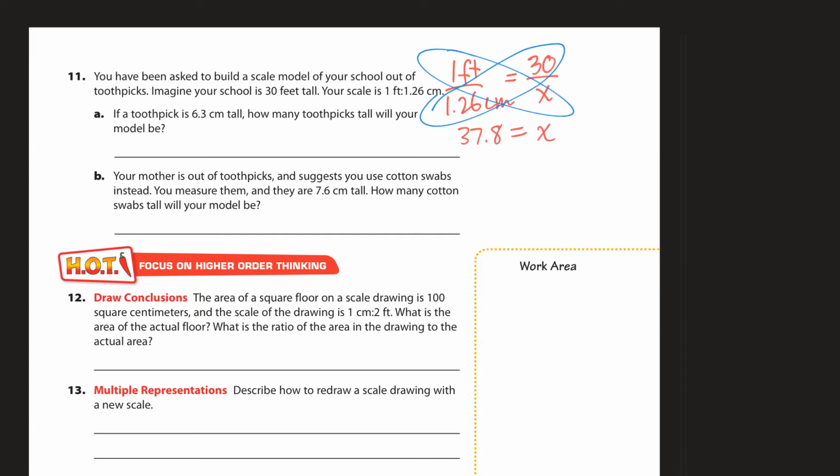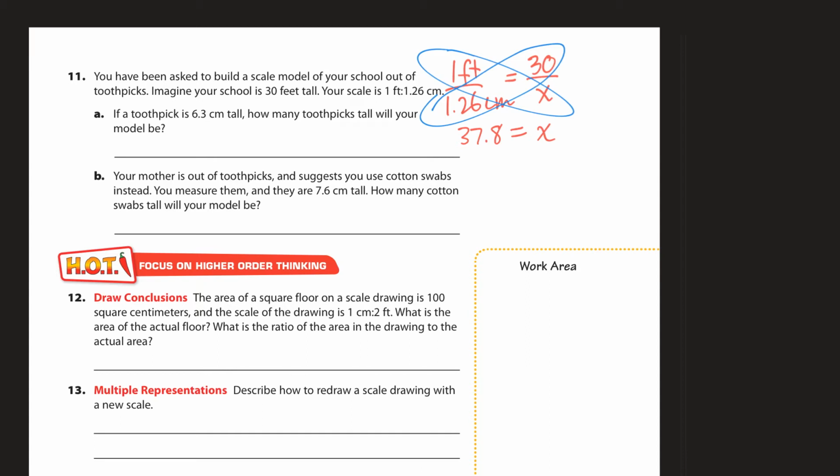Okay, now that means it's going to be 37.8 centimeters. So that's how tall it is. Okay, so if each toothpick is 6.3 tall, how many toothpicks tall will your model be?